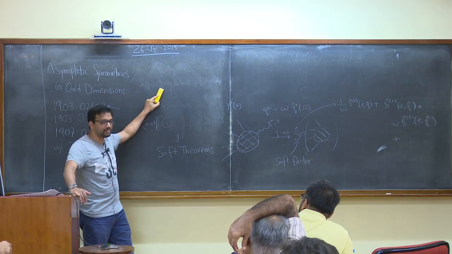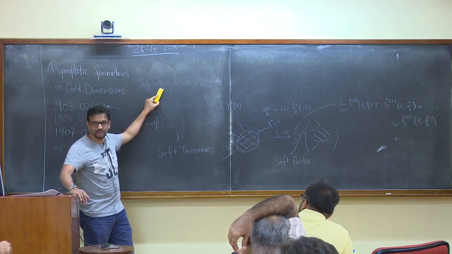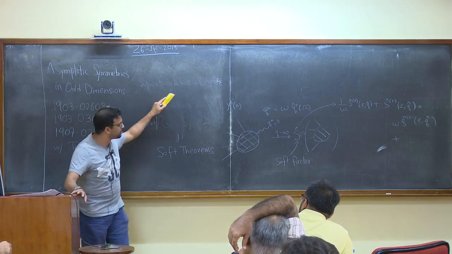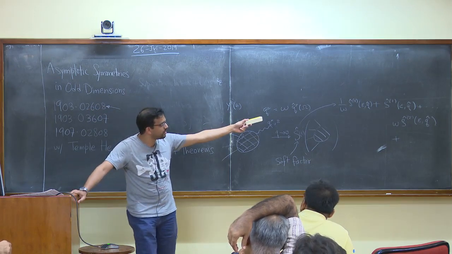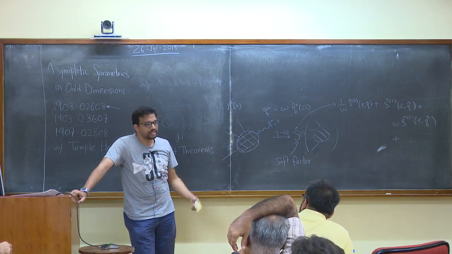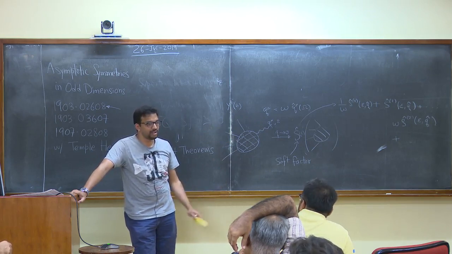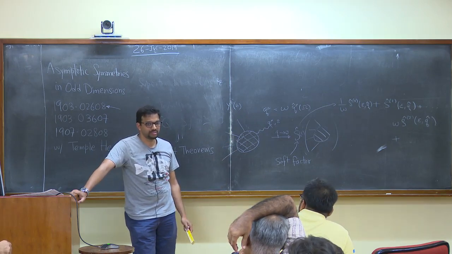So you don't have well-defined charges, but the Ward identities are finite. In particular, for instance, for S1, which in the case of the photon, the corresponding symmetry is a divergent gauge transformation, and the charges for that are all infinite, but the Ward identity turns out to be finite.